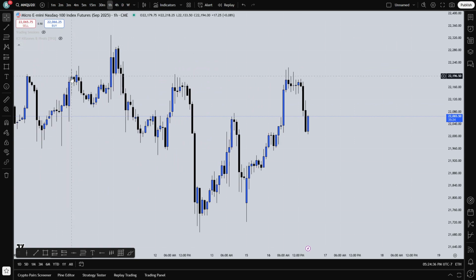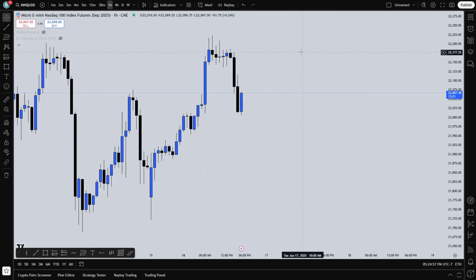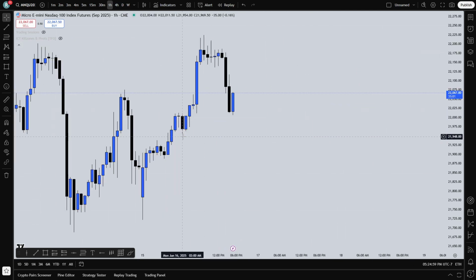As you can see, we had this consolidation area on the 1 hour time frame, followed by nice down candles, creating a low to a high to a low, and now another high. Now it looks like we're retracing a little bit. We're going to identify a pullback, so we have our pullback and a high, a low to our high.